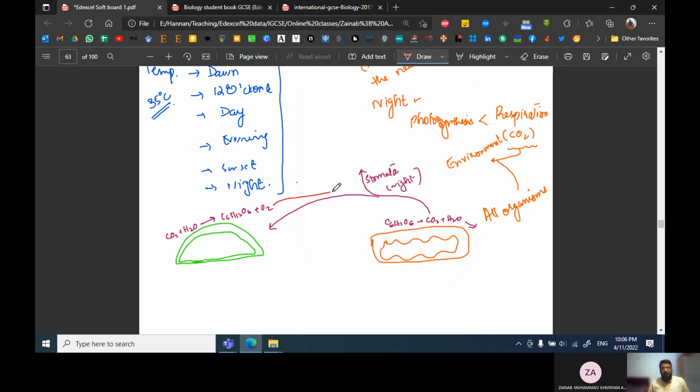It can be released in the outer environment through stomata, and it can be given to the mitochondria for respiration, because we know that respiration can occur without oxygen. What is the process that occurs without oxygen?